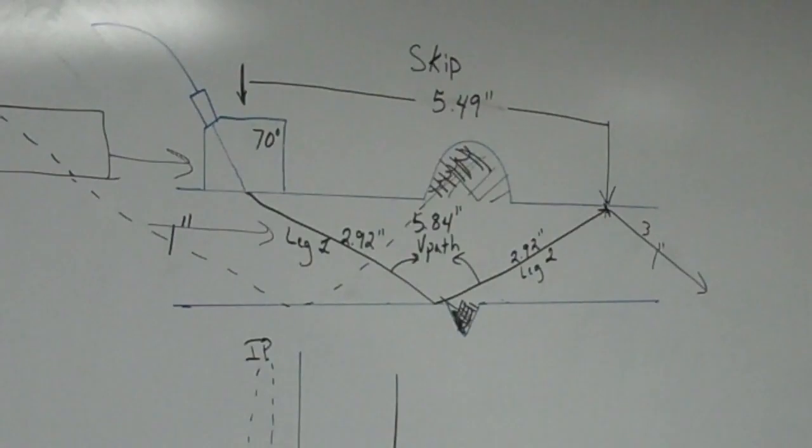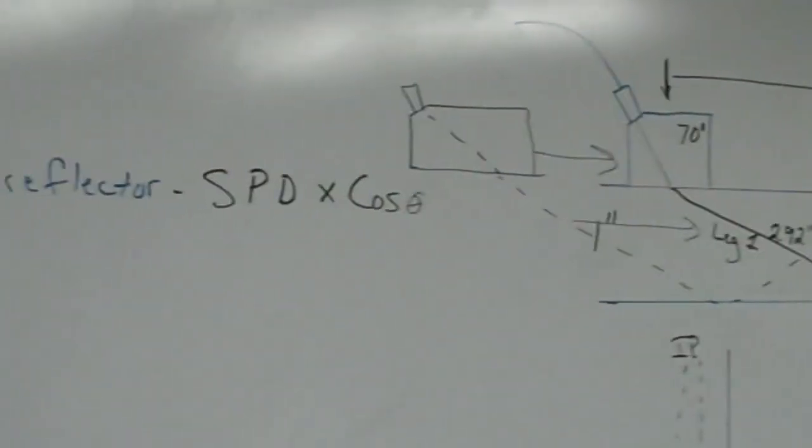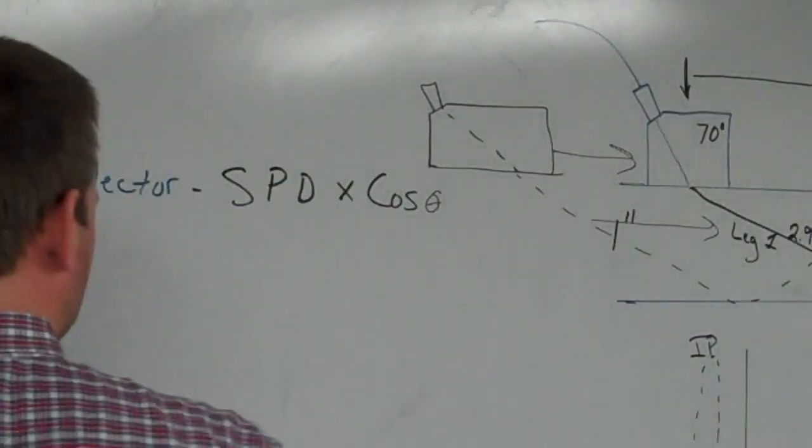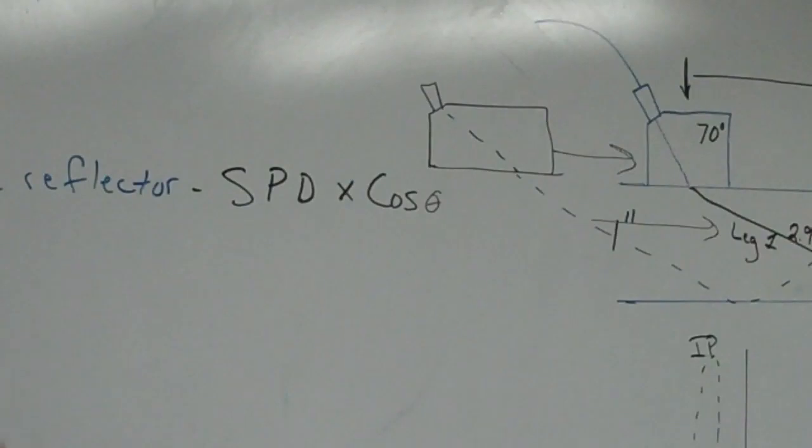Some horrible drawings. But if we come back here to the center, somewhere right in there, you're going to see on your A-scan screen, if we had an A-scan again, CRT, 0 to 10 inches in this case, at 5.84 inches or roughly 6 inches we'll say, that's 1 V path. That's where the sound enters, comes back, and bounces. So this would be leg 1 and leg 2.